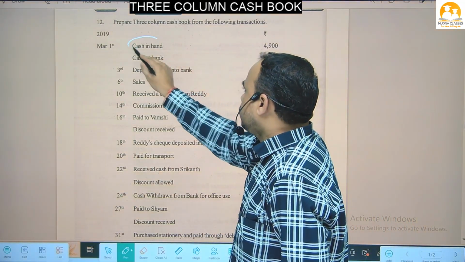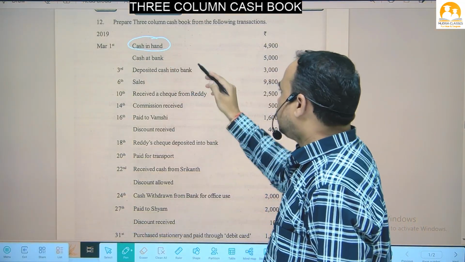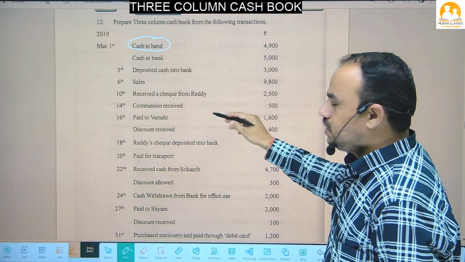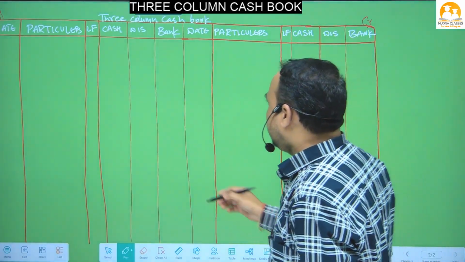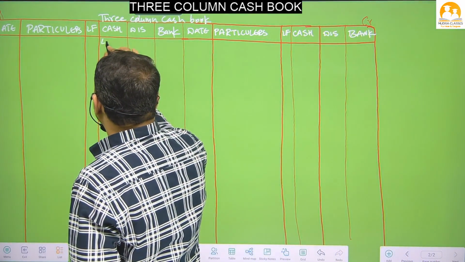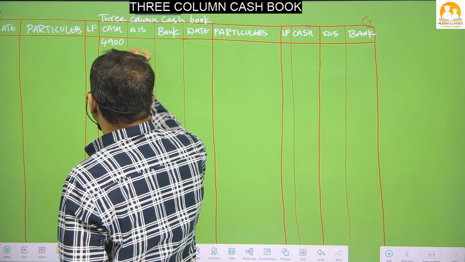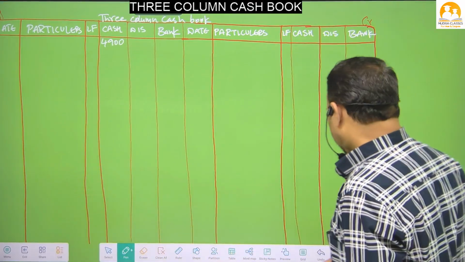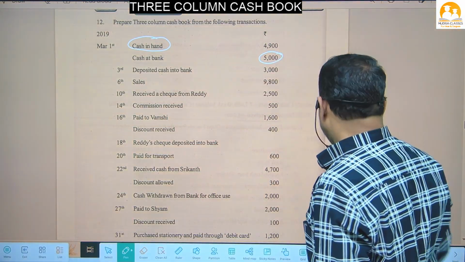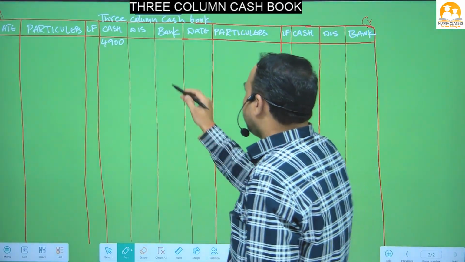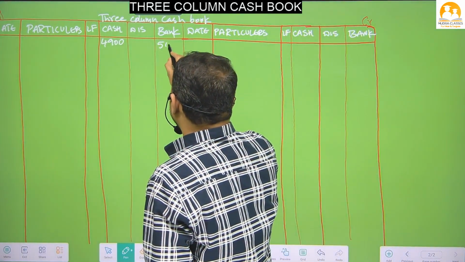Cash in hand is given first. This amount we have to write on the debit side as an opening balance. So on the debit side I will write cash in hand 4,900. Similarly, cash at bank given is 5,000 rupees, so on the debit side we write the opening balance 5,000 rupees.